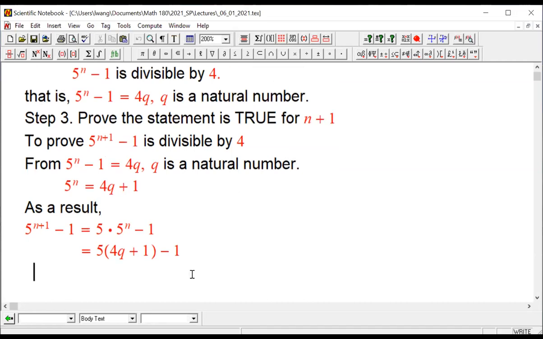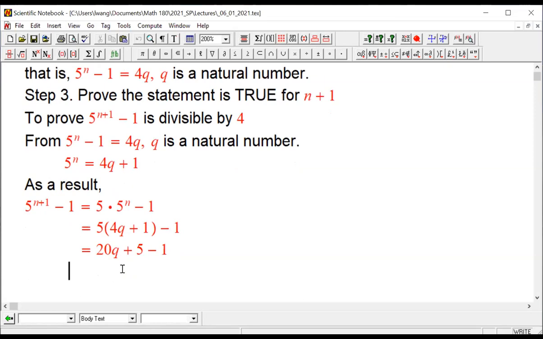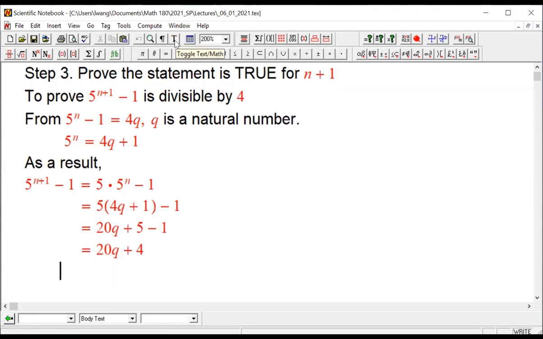Okay. So with this done, we're going to open up the parentheses. So we're going to have 20q plus 5 minus 1. And that is 20q plus 4.